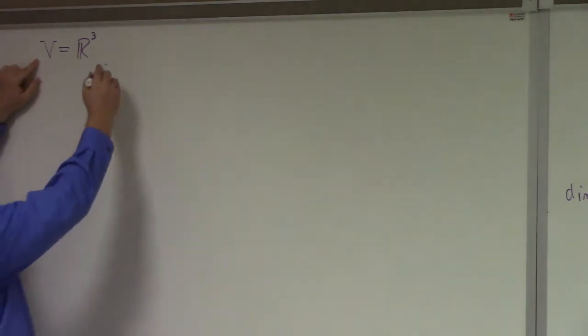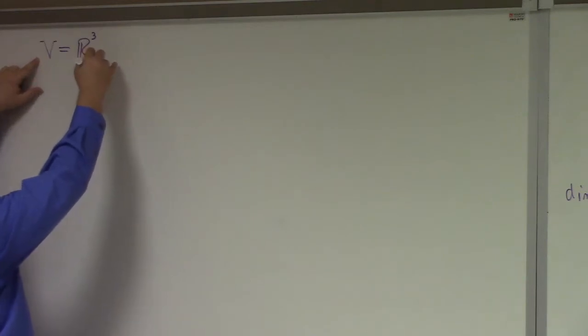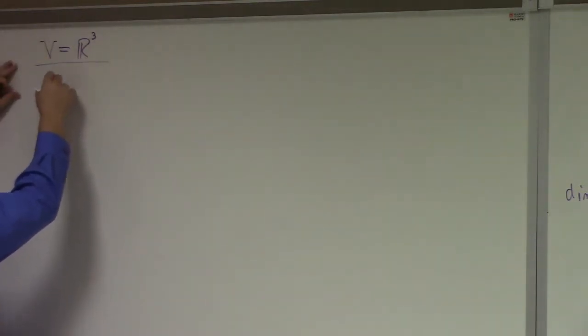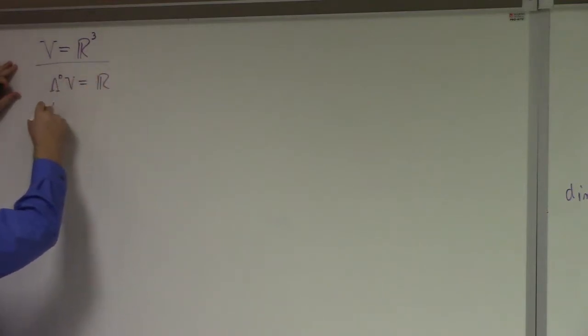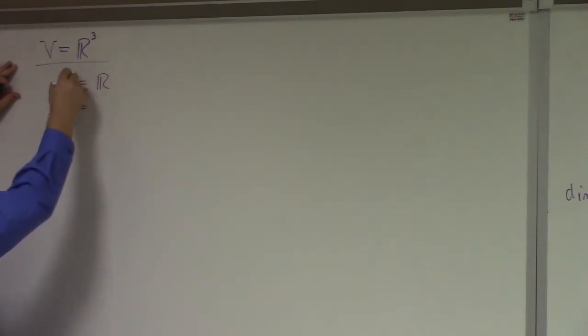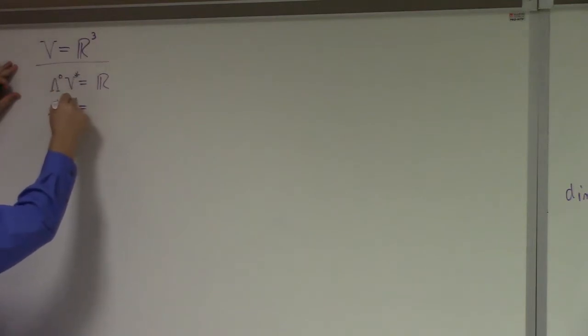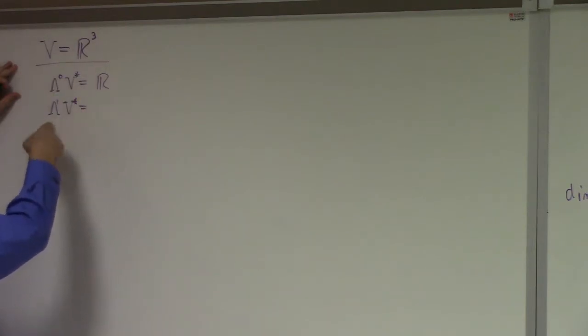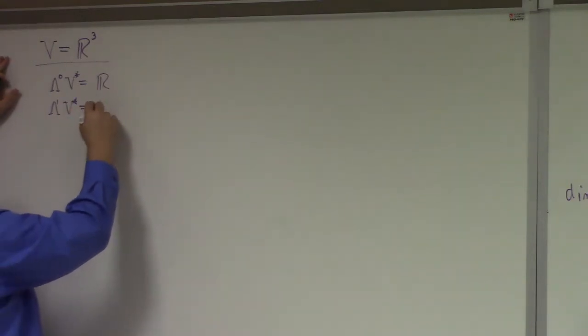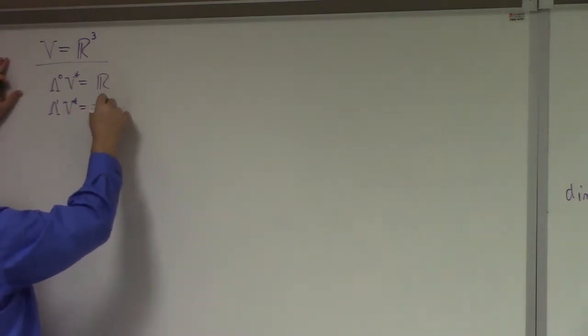So V equals R3. If you look at that, we have a tower of things. If we look at the 0 forms on V, we have reals. If we look at the 1 forms over V, and I usually like to think about the forms, not the p vectors, the 1 forms on V would be R3 dual.